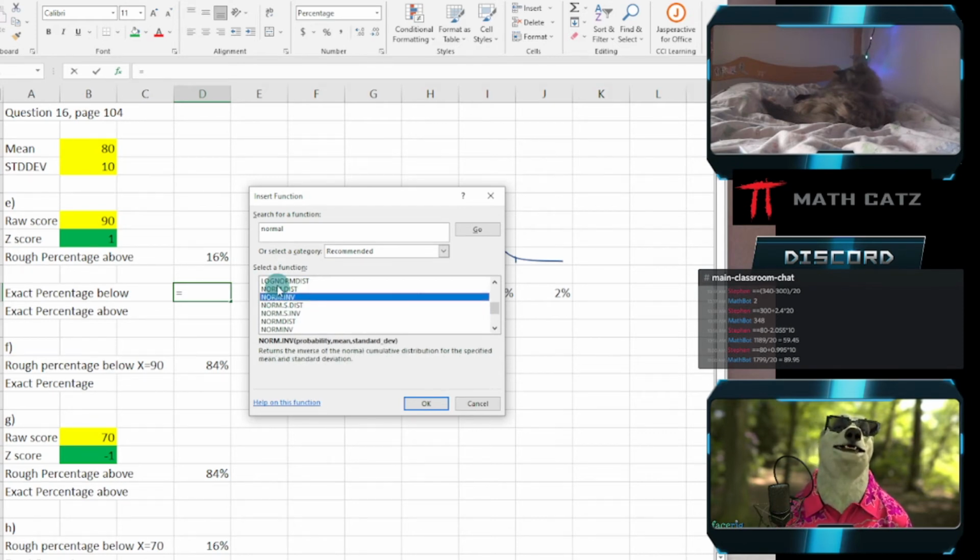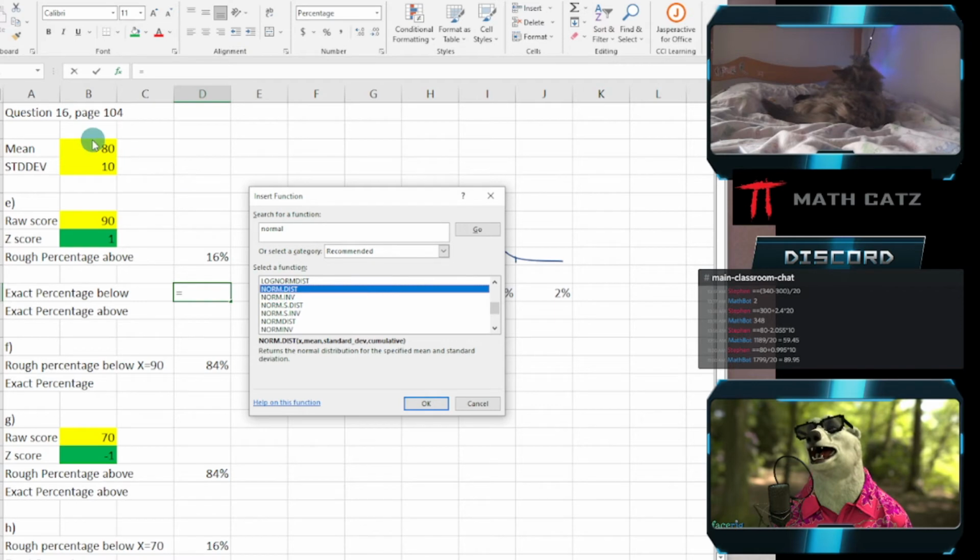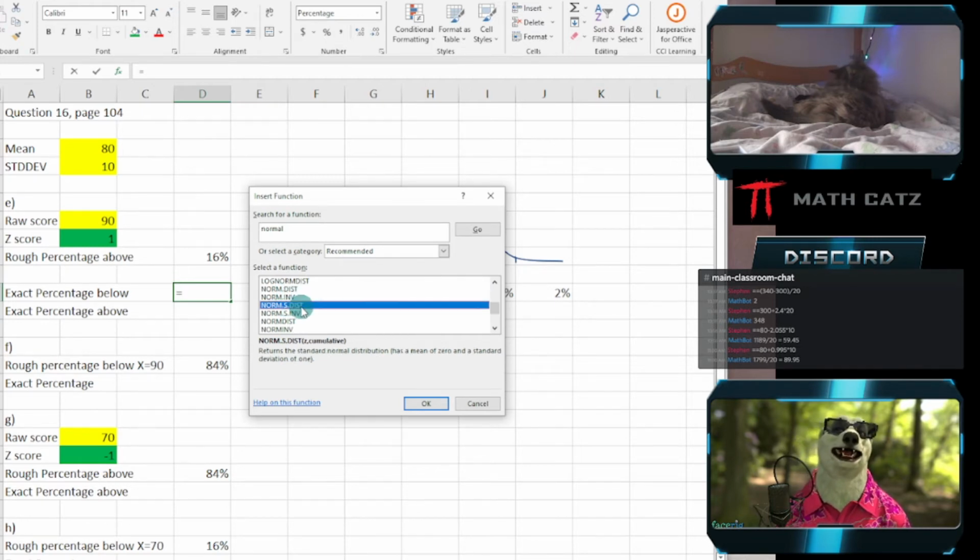There is the normal distribution as well, where you can put in the mean and standard deviation. But to match it with what the book table does and what we do with that table, I'll use the standard normal distribution. So let's read the description to figure out which one is appropriate for us.